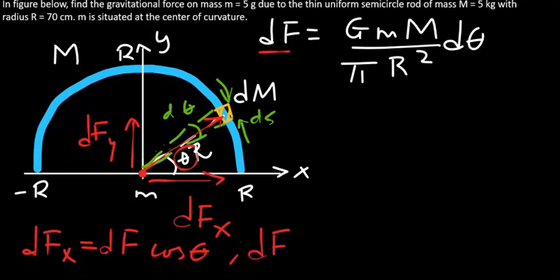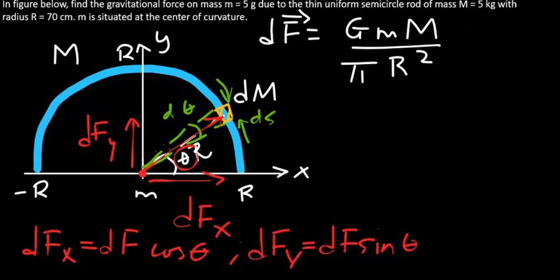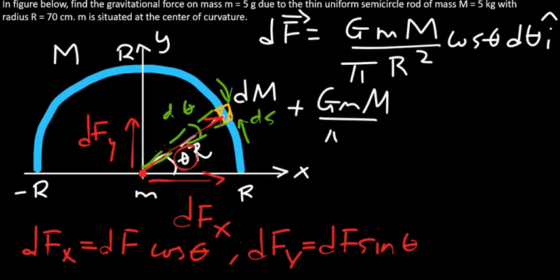Likewise, dFy is given by dF sine theta. What that means is this expression dF can be written in vector notation in the following way. The first term is the x component, so you have cosine theta d theta i hat, plus now the y component, G little m capital M over pi r squared sine theta d theta j hat.